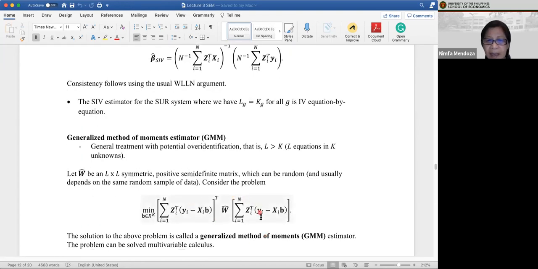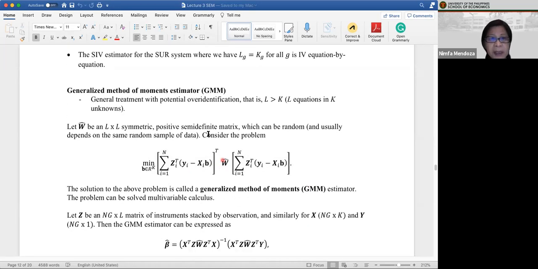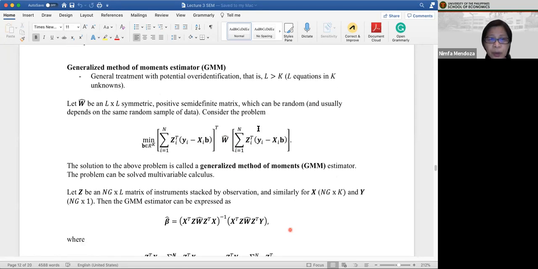So this is like a sum of squared residuals, but you have this weighting matrix W hat. Here we have W hat as exogenously given, and the specific GMM estimator would depend on how you specify this W hat. The solution to this minimization problem gives you the GMM estimator, which is of this form.